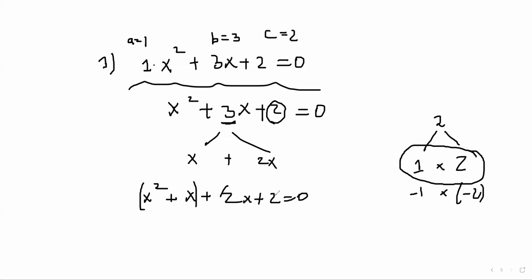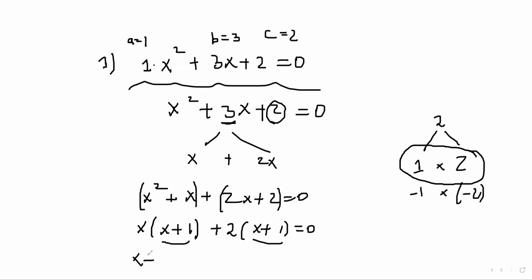We can factor out x here: x times (x plus 1), plus 2, and again we factor out 2 to get x plus 1. As a continuation, you can see here x plus 1 is also the common factor. So (x plus 1) times (x plus 2) equals 0.